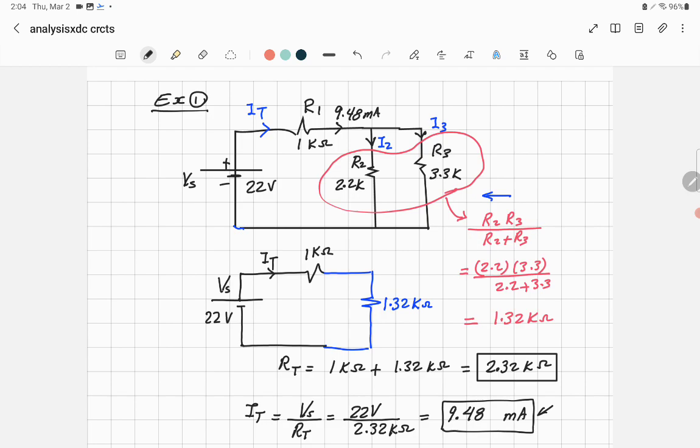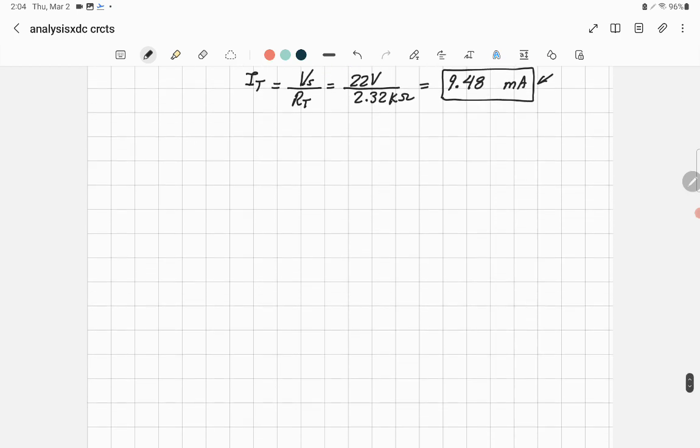When you look at this current entering this junction, it will split into two currents, I3 and I2. So we can use the current divider rule. Let me just sketch the original circuit back here again in an easy way, so we can find the solution of the circuit.